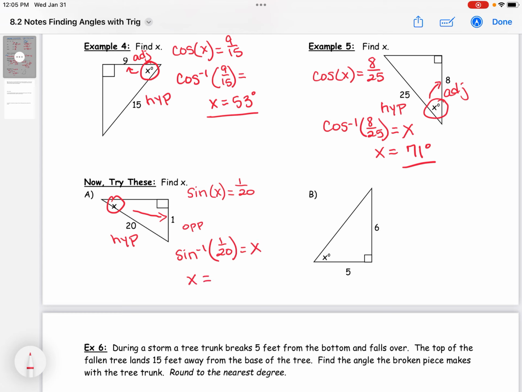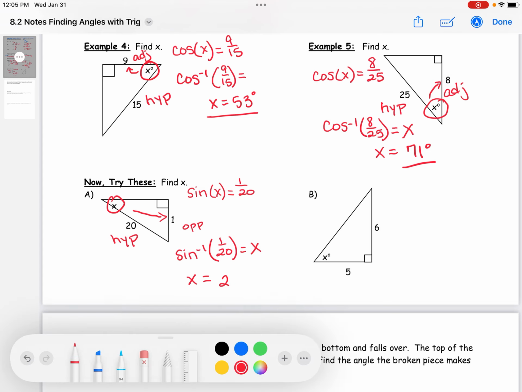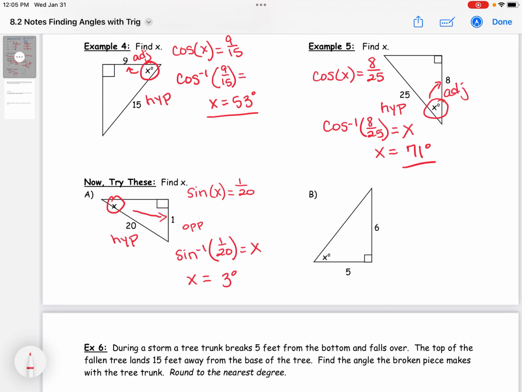That is 2.9, and since I'm rounding to the whole number, I'm going to put 3 degrees. That makes sense because that hypotenuse is super long and that side is super small, so the triangle is not a really good picture, which makes angle x super small.